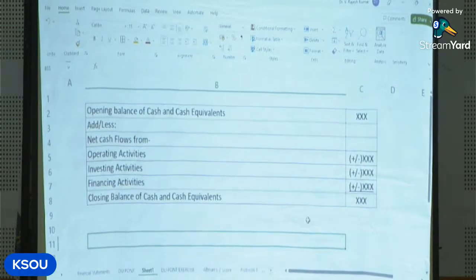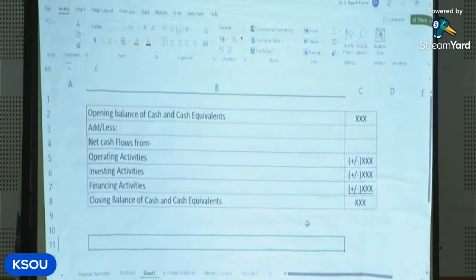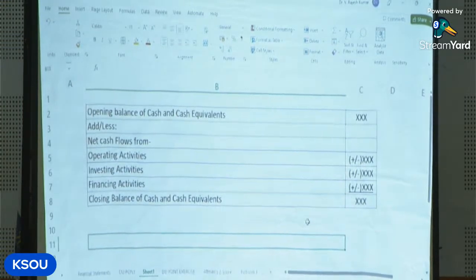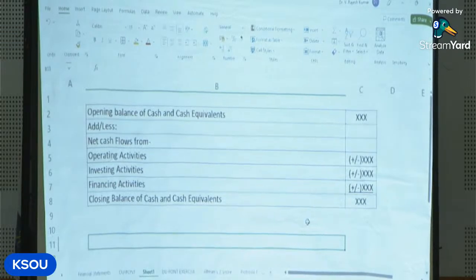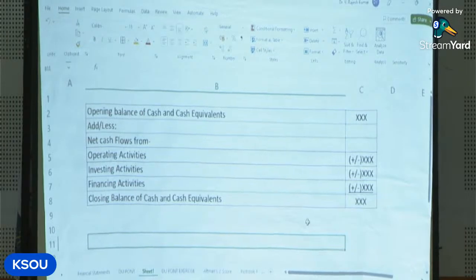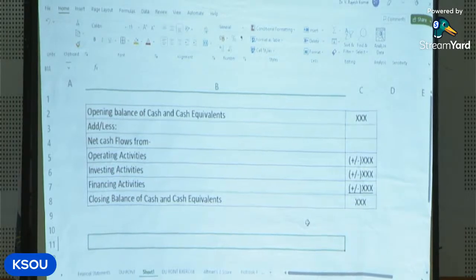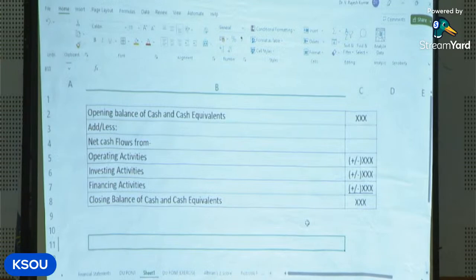Now the net is positive. What does it mean? There is more issue of shares or more funds that has come in, either borrowing. Net is negative. What does it mean? Obligations have been met.